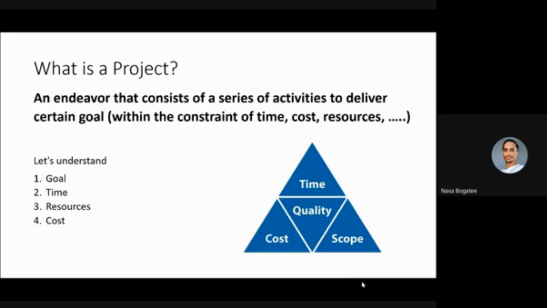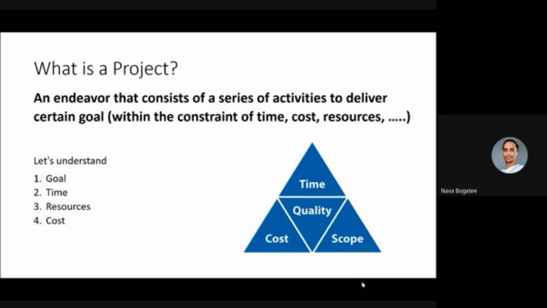Do you understand what constraints are? A constraint is something that may block, that may have an impact in delivering the project, like time, resources, cost, scope, quality. Well, if there were not any sort of constraints, a project would be beautiful. But unfortunately, every project comes with constraints.